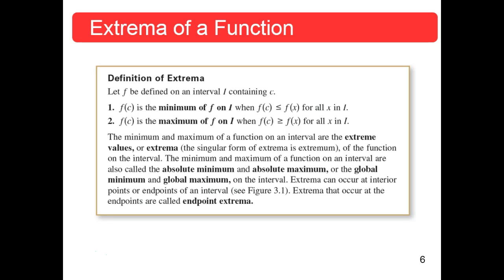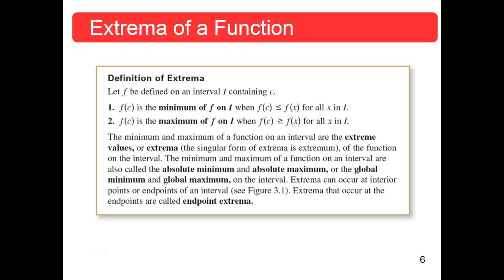That is a minimum of F on I when F of C is less than or equal to every other F of X on that interval. Okay? So if this is your interval and here's your F, whatever the lowest or the least value F has on that interval, that would be your C value if that's your minimum.